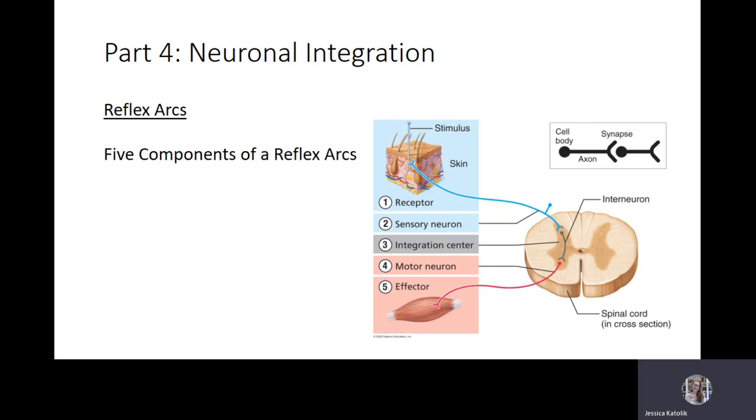A receptor is a special structure that has the capability of taking a stimulus and converting it into an electrical impulse that the nervous system can understand. So we may not be able to detect things such as light directly using our nervous system, but receptors in the retina of our eyes are able to convert that signal from light into an electrical signal.